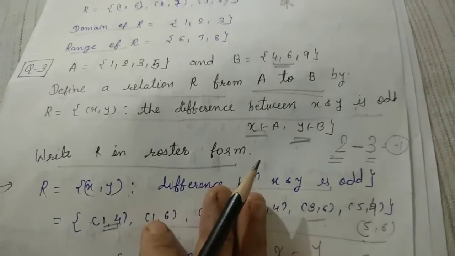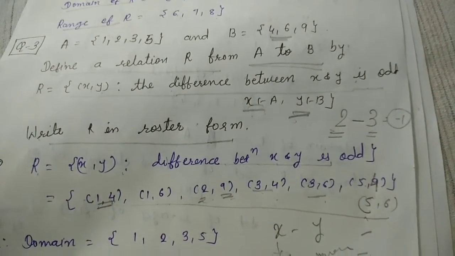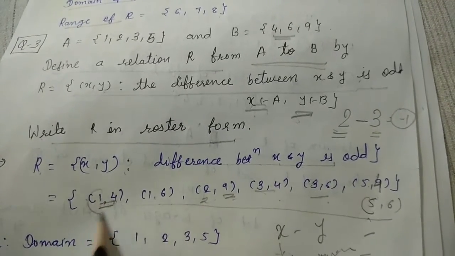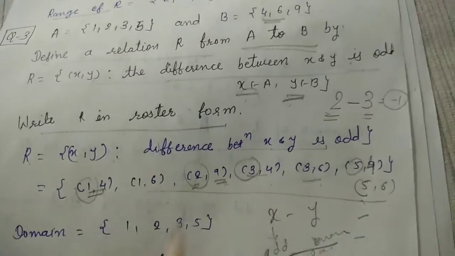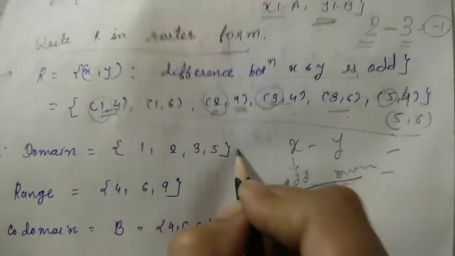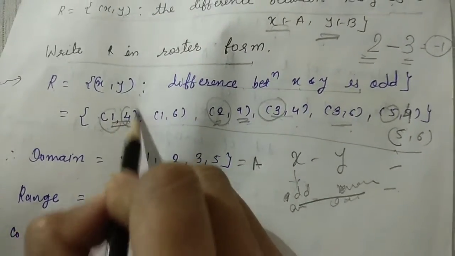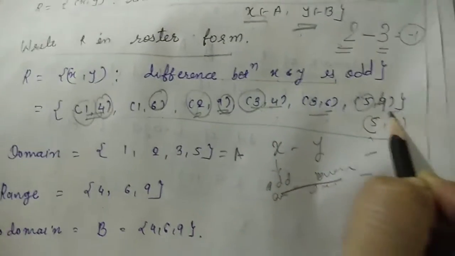Right. Now students, what can be the range and the domain in this question? Domain means the first elements. So check the first elements: 1, 2, 3 and 5, the whole set A. So domain is equal to A. Now what is your range? Range is the second elements: 4, 6.